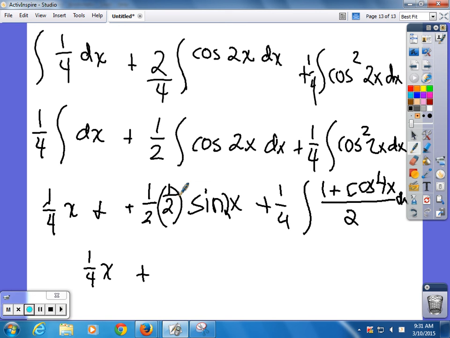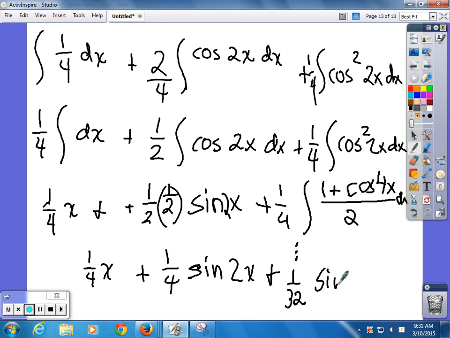That'd be 1/2. So that'd be 1/4 sine of 2x plus, when you get through with this guy, 1 over 32 sine 4x plus c.